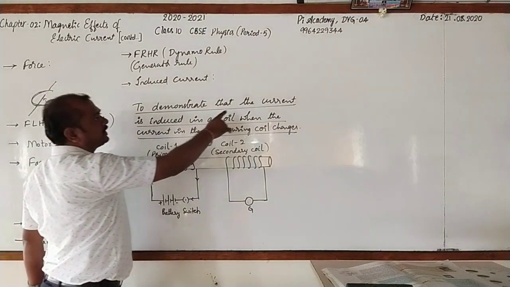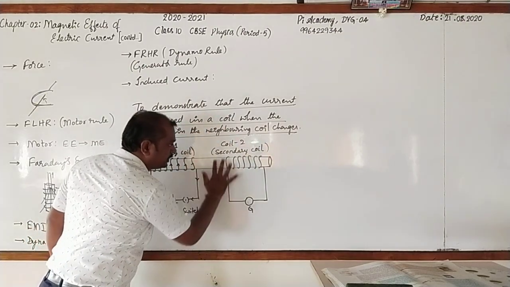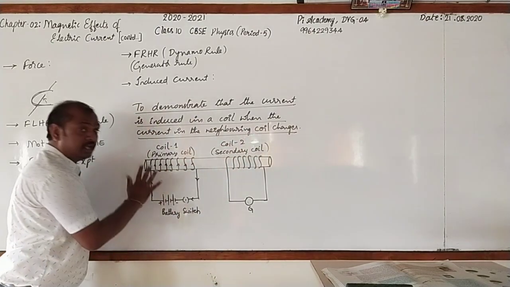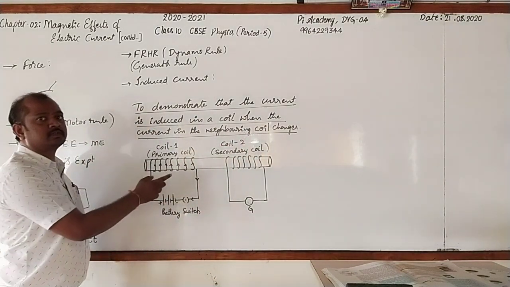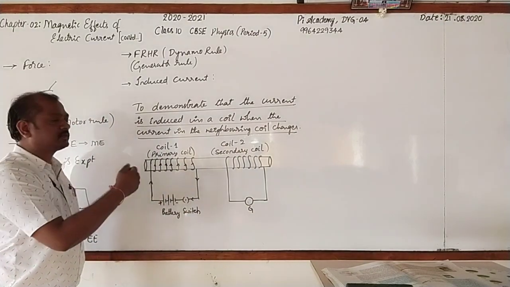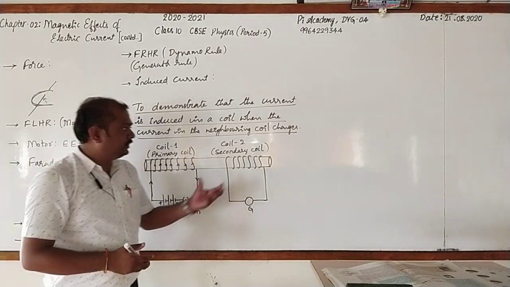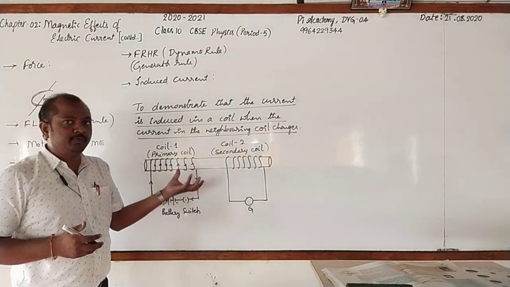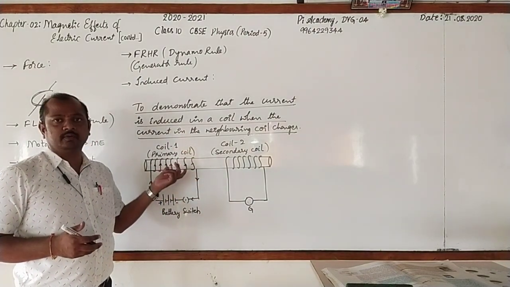So from this we can conclude that current is induced in a coil when the current in the neighboring coil changes. When all of a sudden current flows, or when all of a sudden the circuit is broken, in both cases current is induced in the coil because it is under the influence of the magnetic field produced from this coil, coil 1.